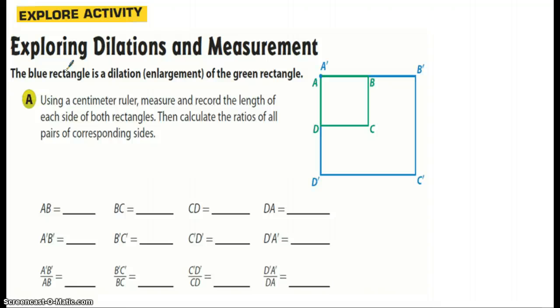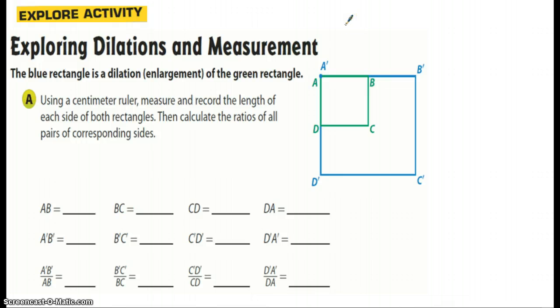So the explore activity for this lesson starts us off with two rectangles. We have rectangle green and rectangle blue.